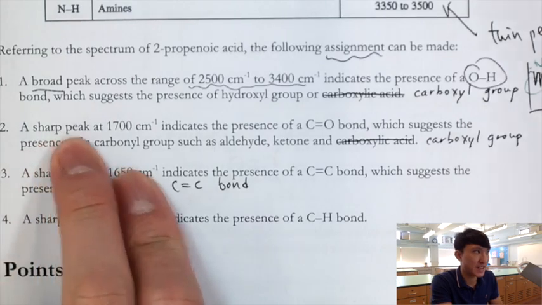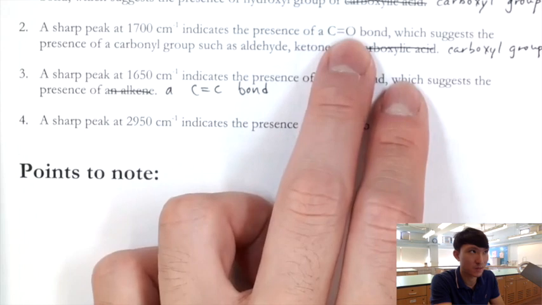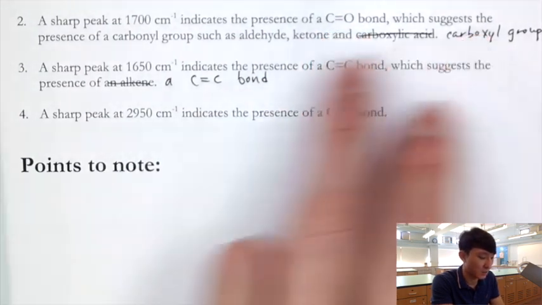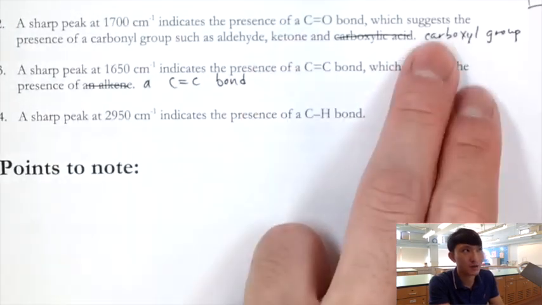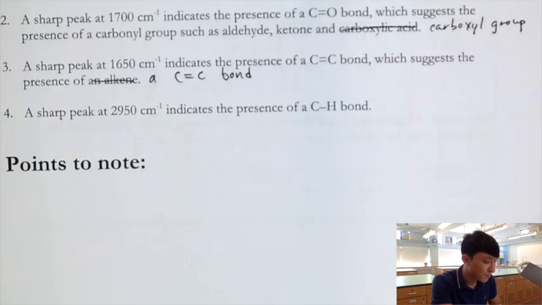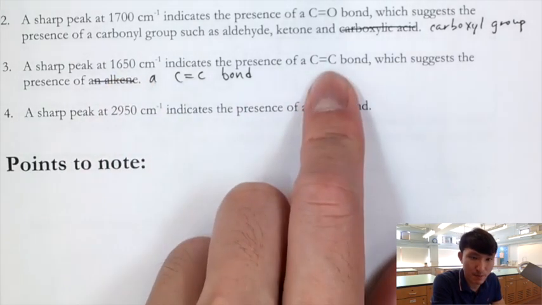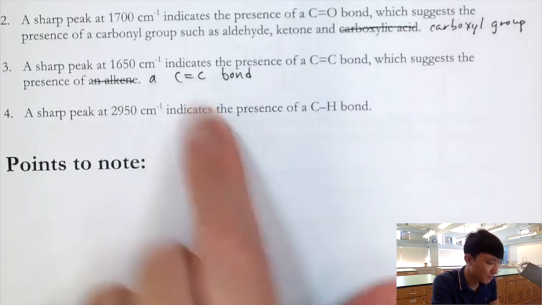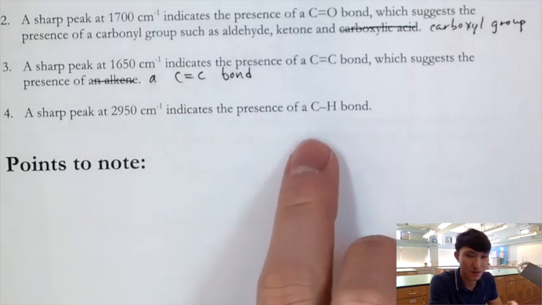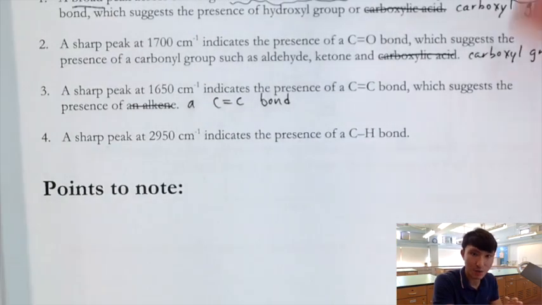Here, a sharp peak at 1,700 indicates the presence of a C=O double bond, which suggests the presence of a carbonyl group, probably an aldehyde, ketone, ester, or carboxyl group. 1,650 tells you about a C=C double bond, so suggesting the presence of a C=C double bond. And the CH bond here is not very important, but I just also put it down here. So this is how it works.